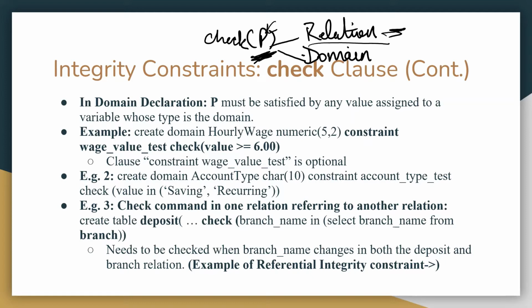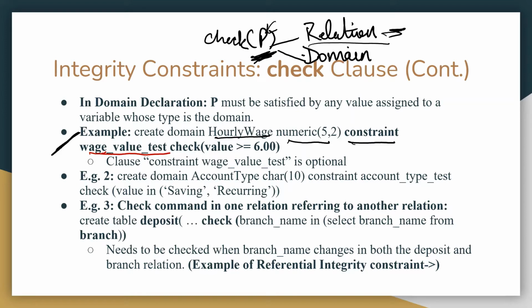Okay, so here is the example. Let's first see the example. So we have create domain. I am trying to create a domain named hourly wage, and the type is numeric 5,2, and the constraint is, now we already discussed that the constraint can have a name or it can exist without a name. So here we are giving it a name, and the name is wage value test.